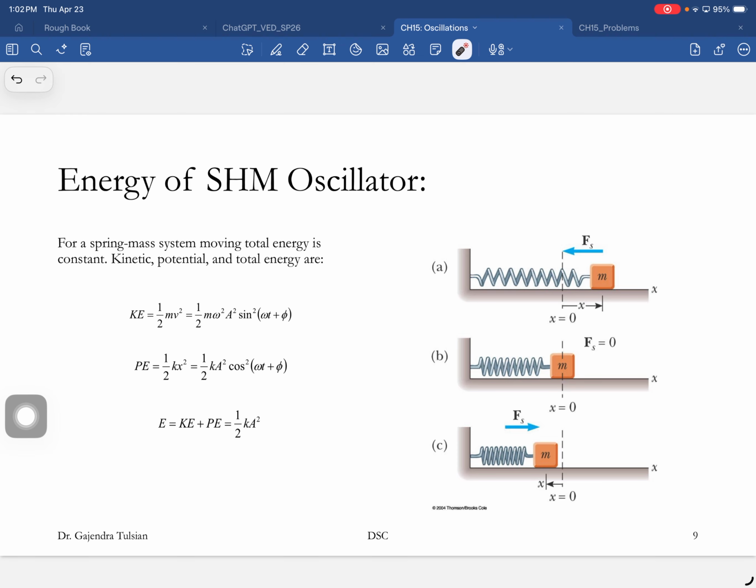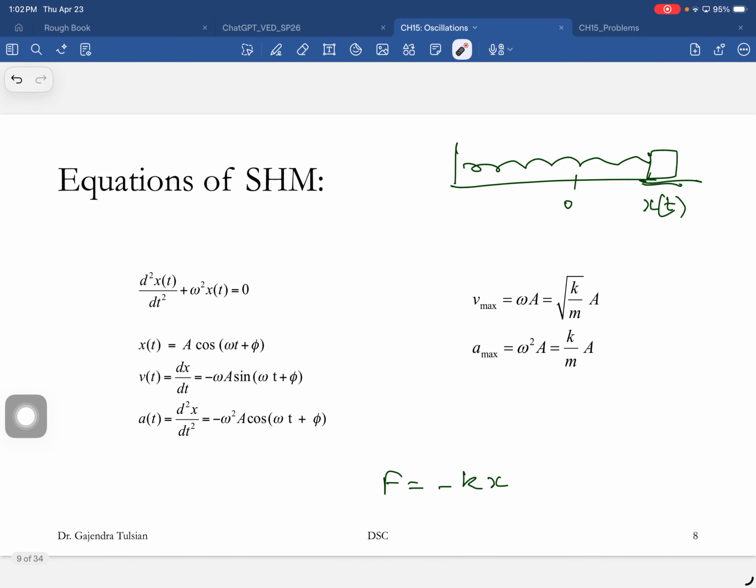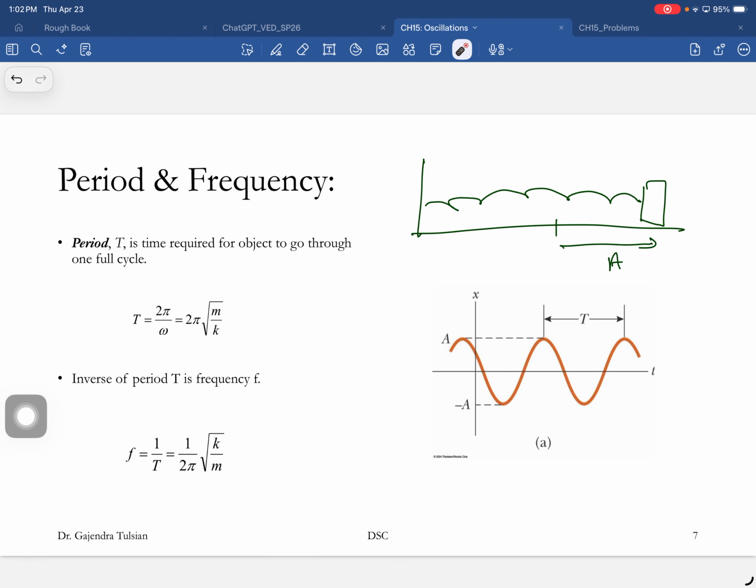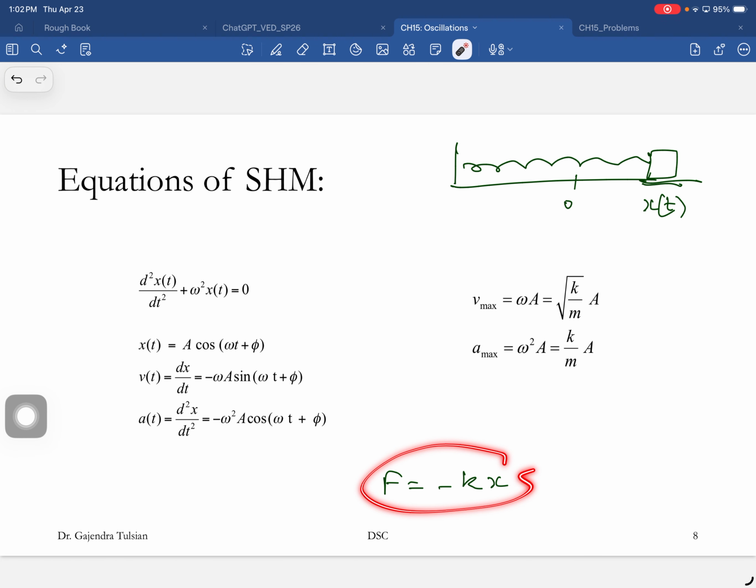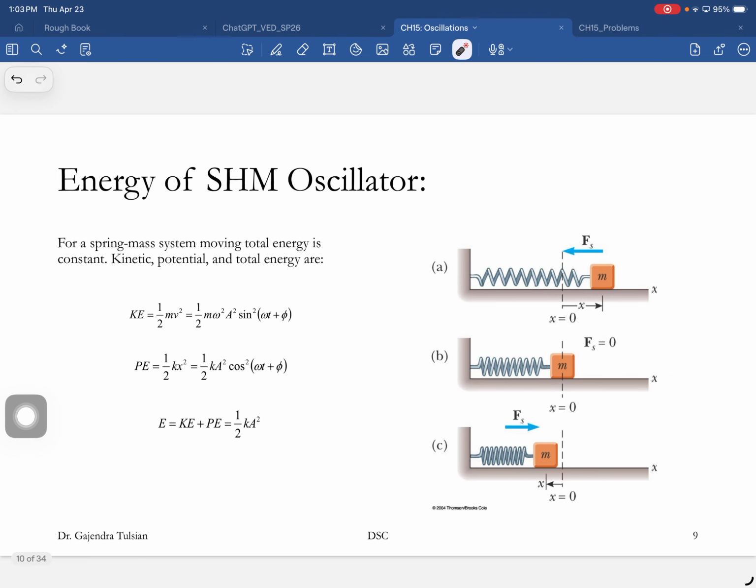So that's the system we studied so far. Remember, the only force acting on our system was the spring force. There was no friction force. Toward the end of the chapter, after we are comfortable with this model, we'll graduate and add friction. So it'll oscillate forever without friction.